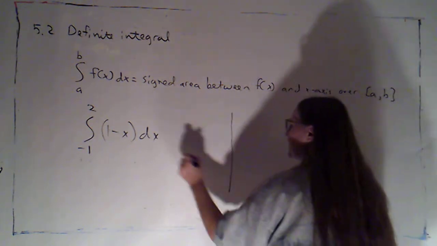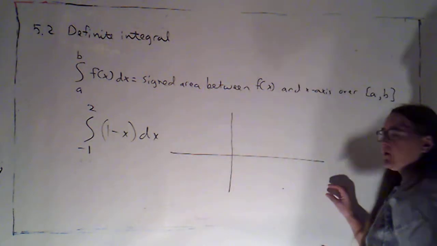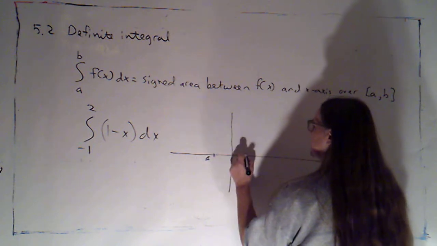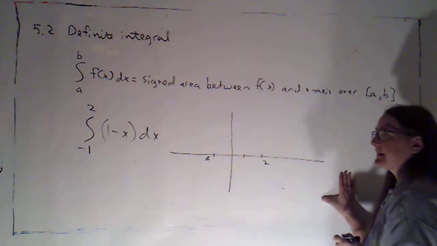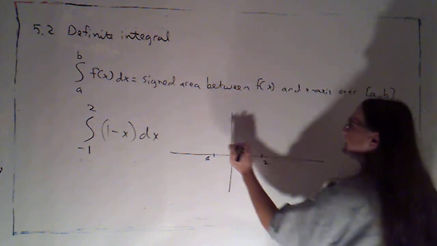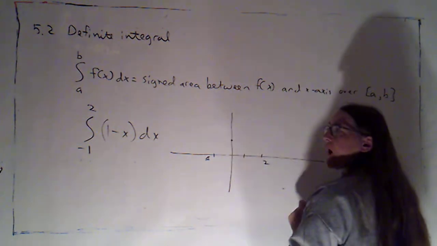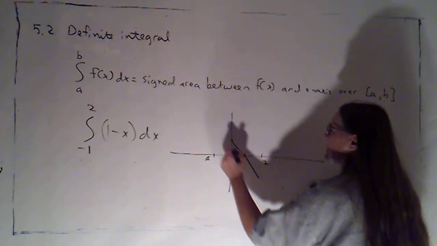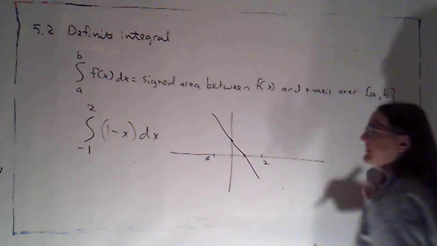So I'm going to draw a picture of that area. We're going from -1 to 2 on the x-axis. Now 1 minus x would have a y-intercept of 1 and a slope of -1. So that's just going to be this line that's coming down like so.